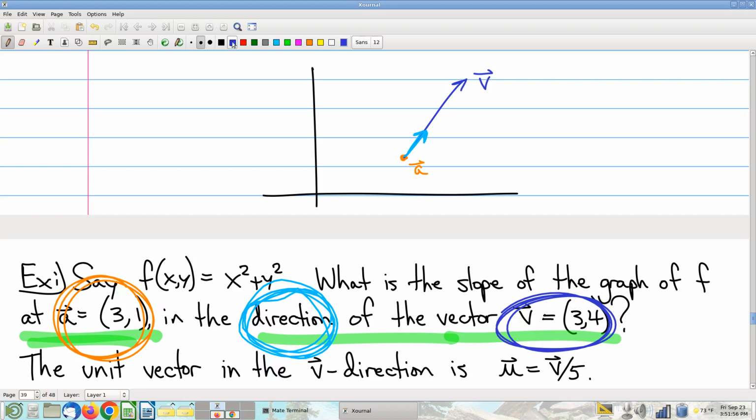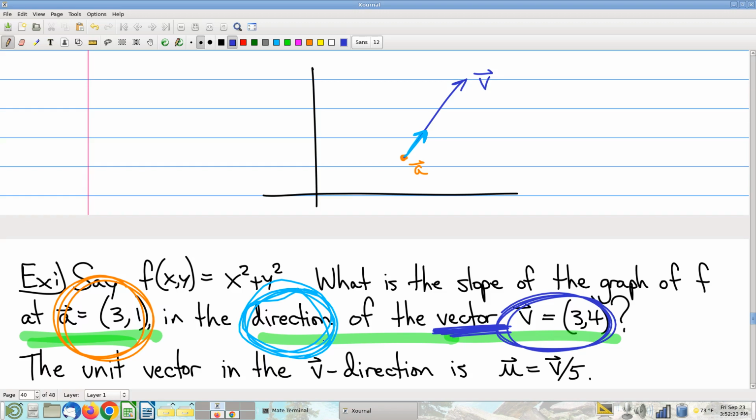Notice it says here that this is the vector 3, 4. Vectors do not have locations. Very important. Vectors do not have locations. They have directions. They have magnitudes. They don't have locations. When we say the direction of the vector, what we mean is, this being a vector, it has a direction and a magnitude. We want just the direction. Ignore the magnitude. Okay, so that's what we mean here.